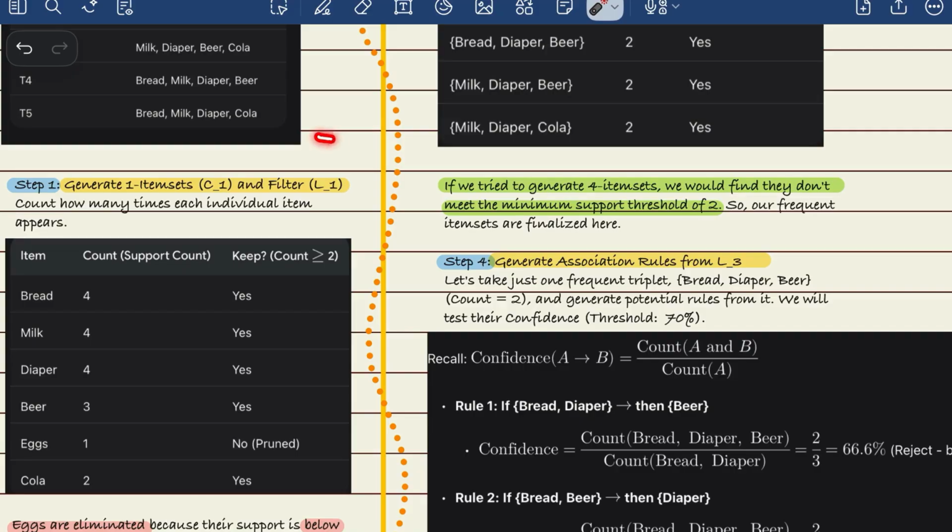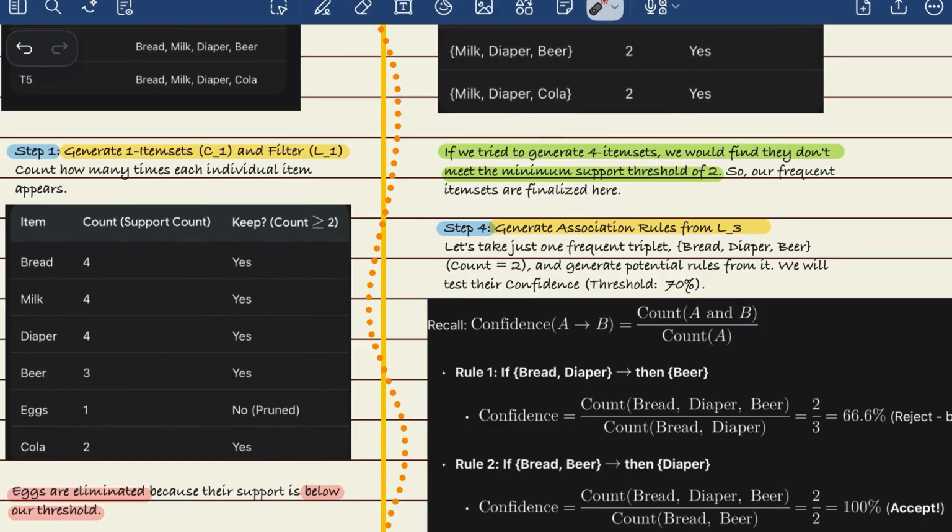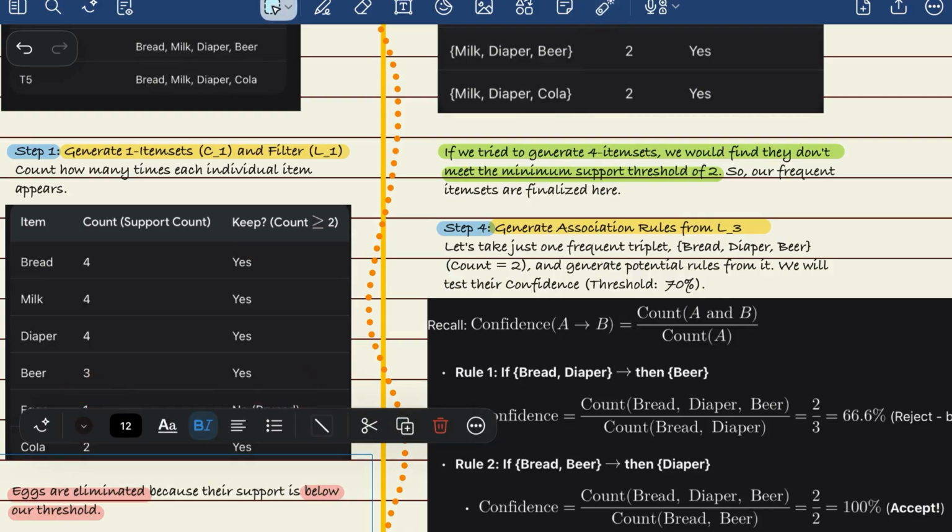And why are we saying that? Because we are given the support of 40%, which means the item must appear in at least 2 transactions. So here you see we have bread 4, milk 4 times, diaper 4 times, beer 3 times and egg 1. So egg would not be considered. We cannot keep it.